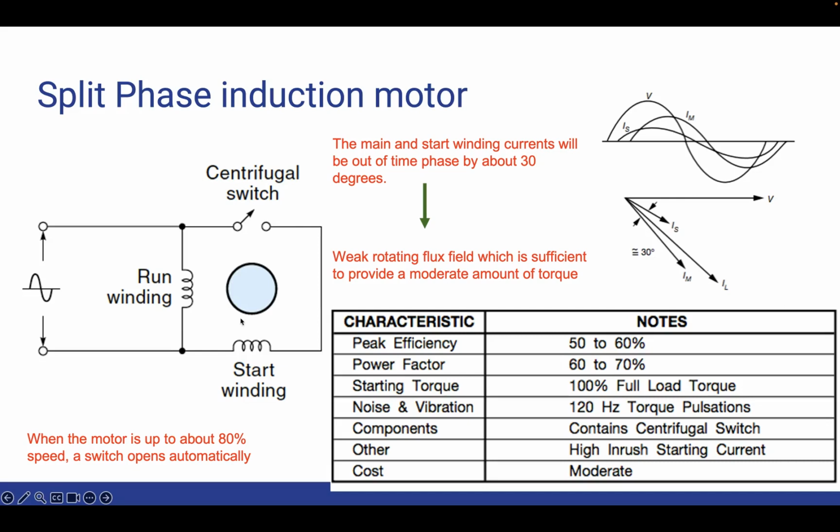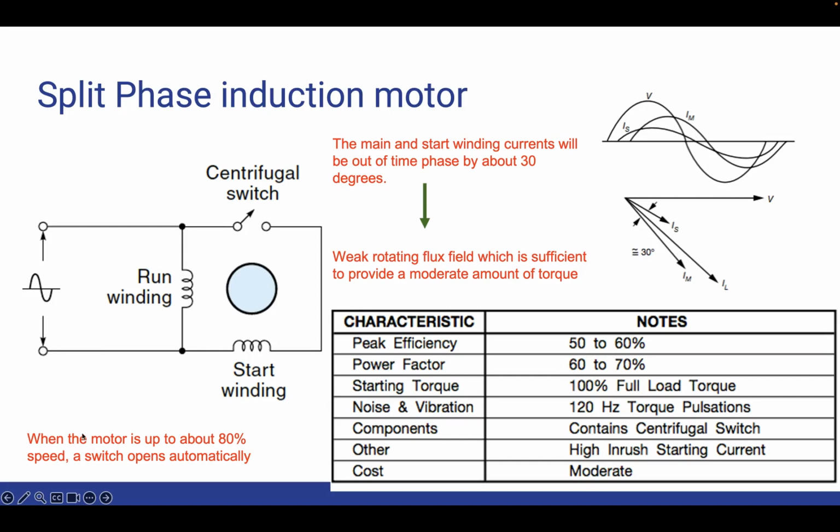The simple split phase motor, as you see here, relies on the fact that the start winding, which consists of a few turns of thin wire, has much less inductance and much more resistance than the run winding. And so it creates a phase shift with respect to the run winding.